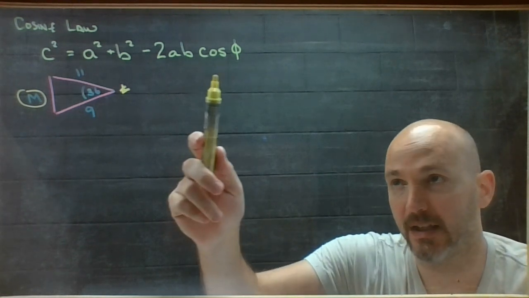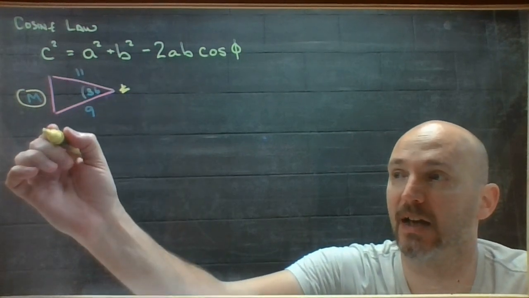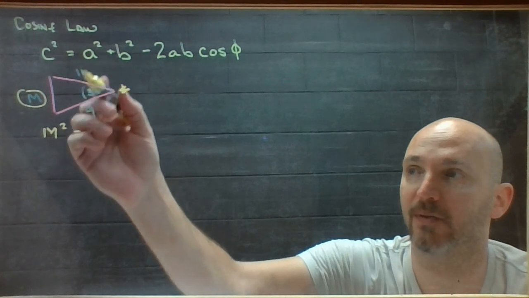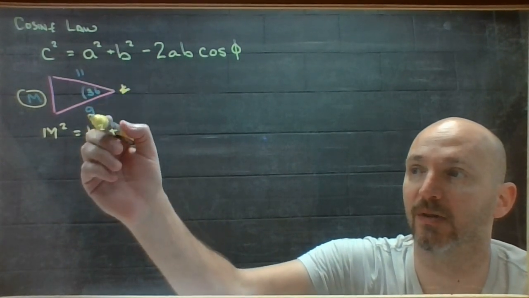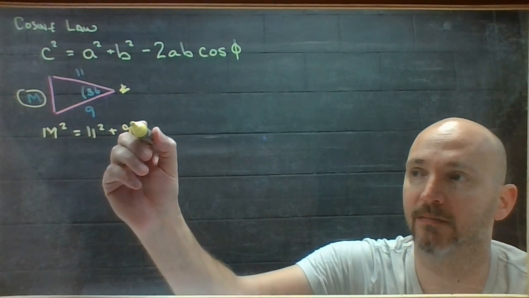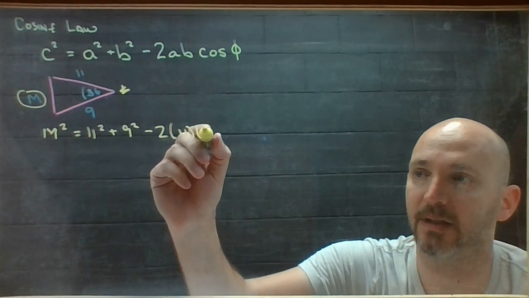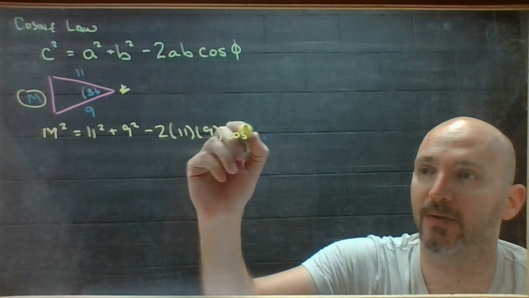So if I fill in this formula with those symbols, I'll have m squared is, I'll use 11 for A, and I'll use 9 for B. A was 11, B was 9, and I've got cos 36 degrees.